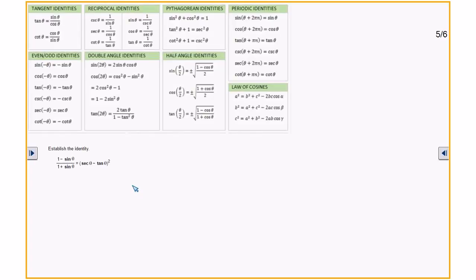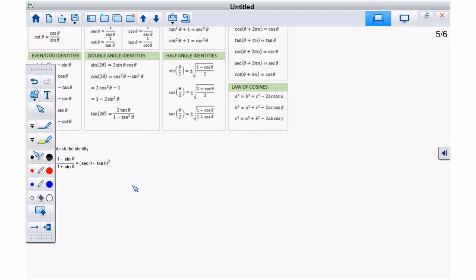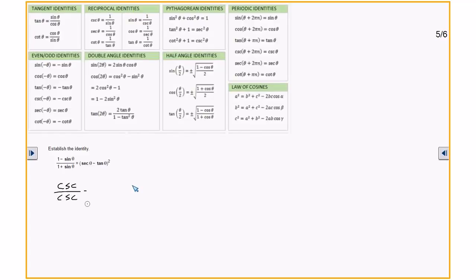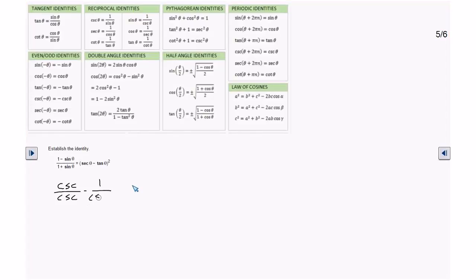I'm just going to try something. Cosecant over cosecant minus 1 over the cosecant, over cosecant plus 1 over cosecant.